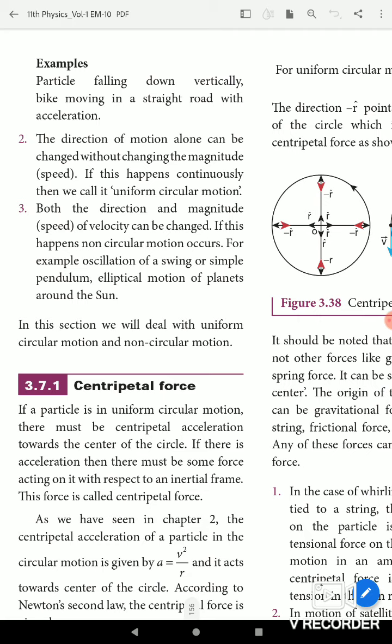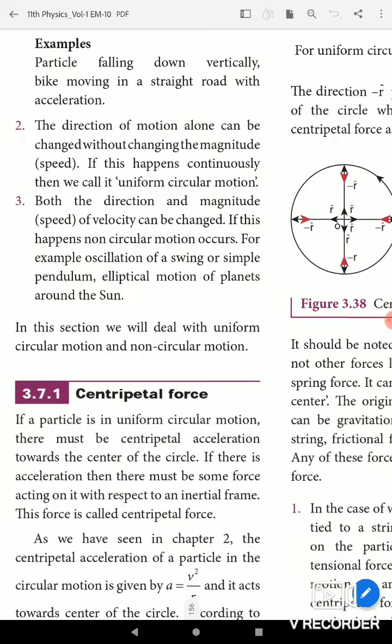If this happens, it is non-uniform circular motion. In uniform circular motion the speed does not change, but in non-uniform motion the direction and magnitude, that means speed, of velocity can be changed. For example, oscillations of a swing or a simple pendulum, and elliptical motion of planets around the sun.